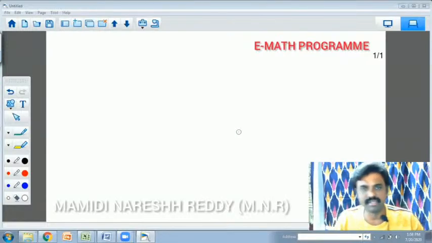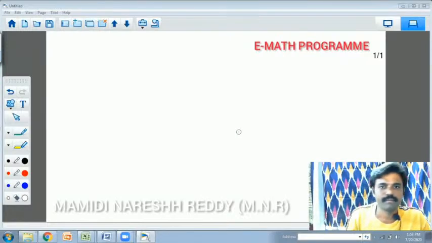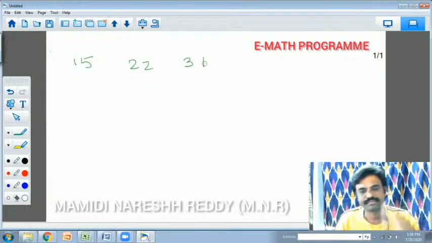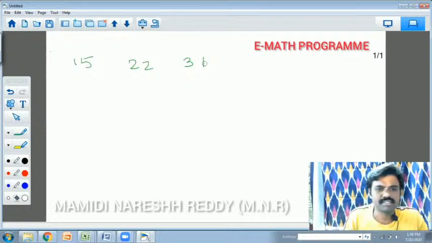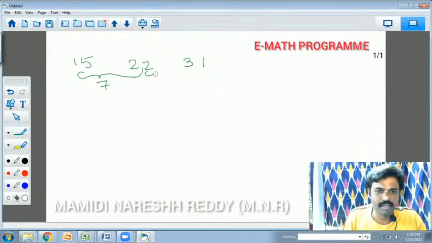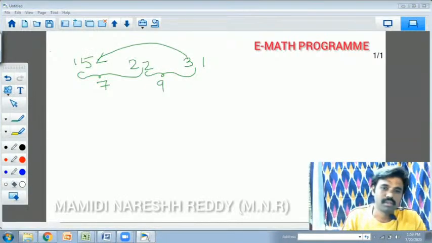Let us take 3 numbers now. Say, I'm taking 15, 22, and 31. Let us take these differences. The difference of 22 and 15 is 7, the difference of 31 and 22 is nothing but 9, and the difference of 31 and 15 is 16.